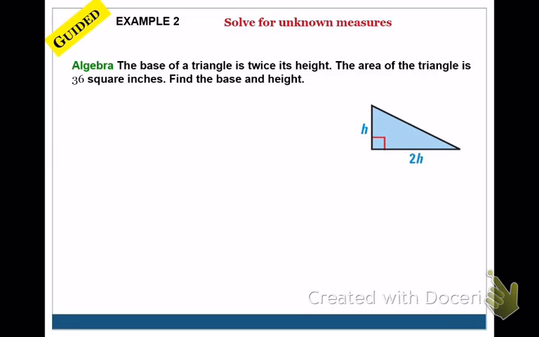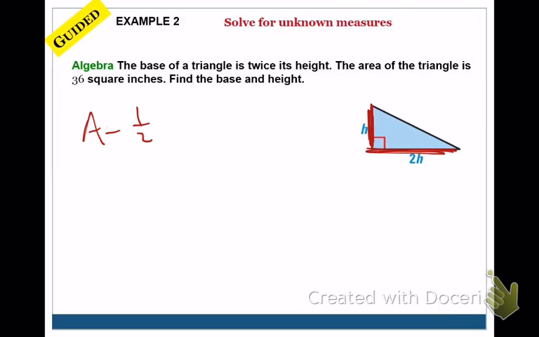Now we don't know this is a right triangle, but we can draw it in, sort of like a right triangle, where the height is at this perpendicular. And if this is the base, which it would be, because the height needs to be perpendicular to the base, then we know that the base is twice the height. So let h be the height, and that means the base would have to be 2h.